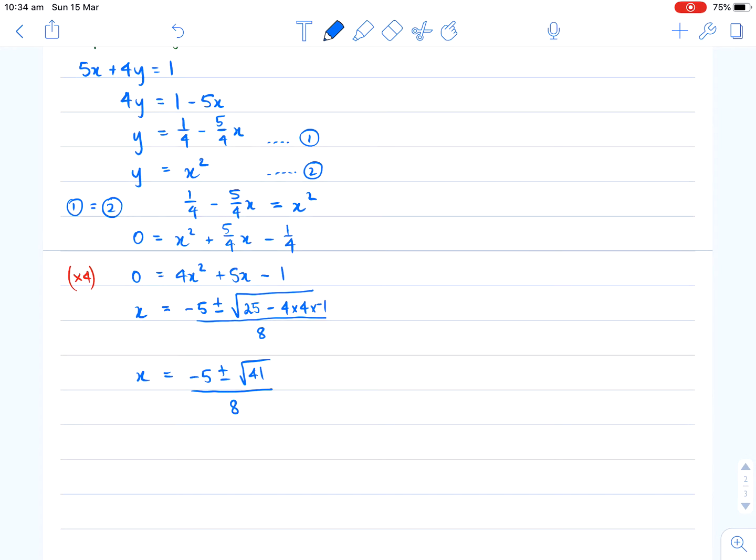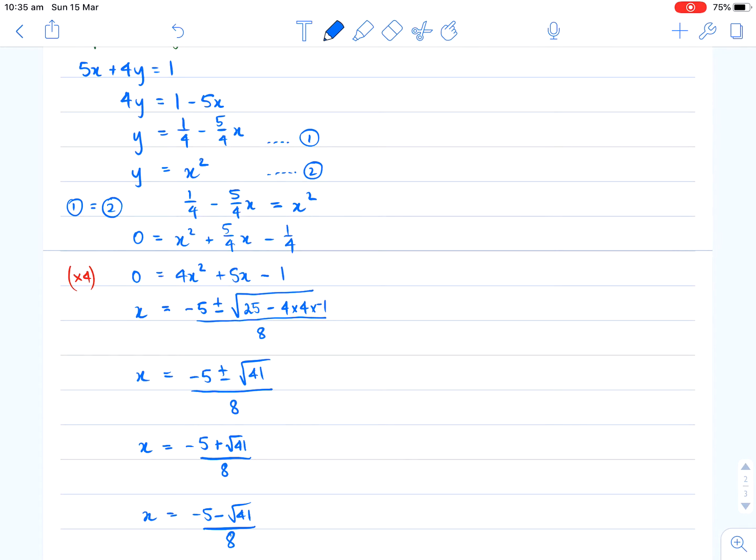Now this is a pretty messy equation. It doesn't look very nice and there's lots of things going on. But I do have my two solutions here. My first solution is x = (-5 + root 41)/8, and my second solution is x = (-5 - root 41)/8.